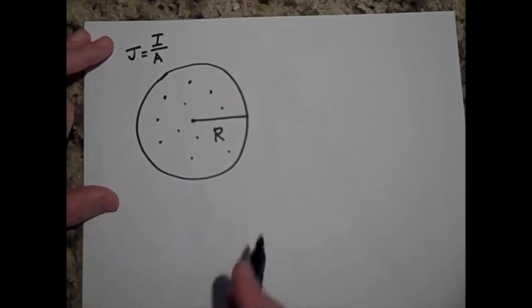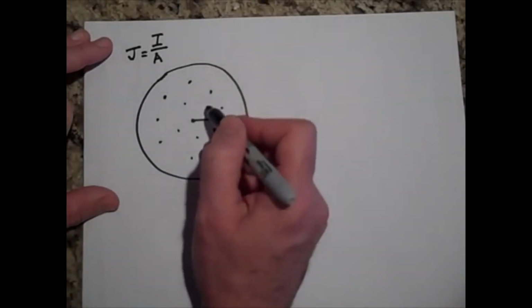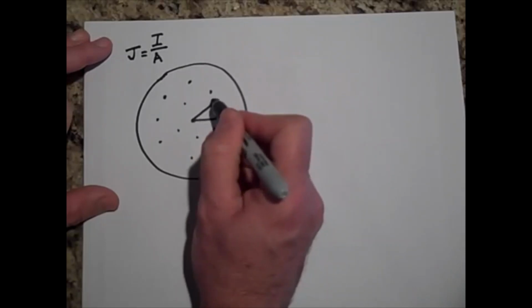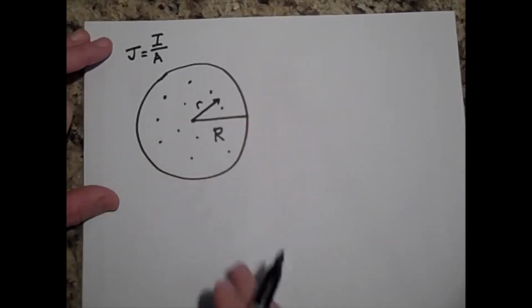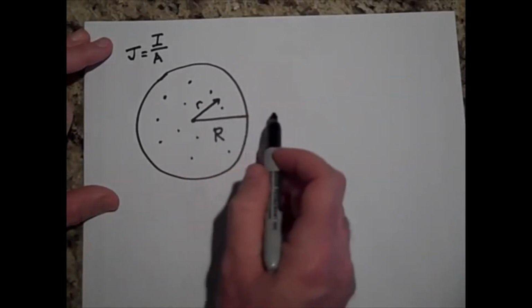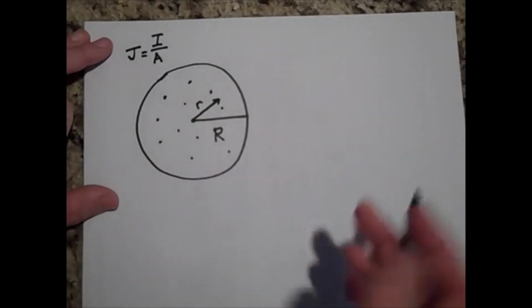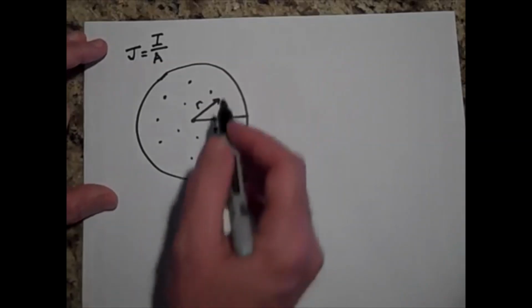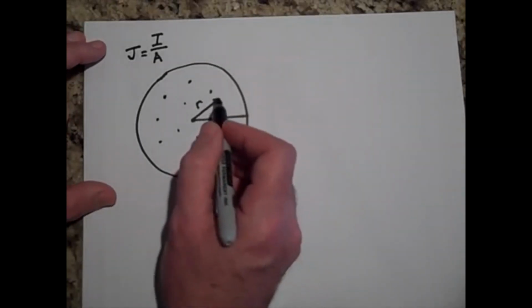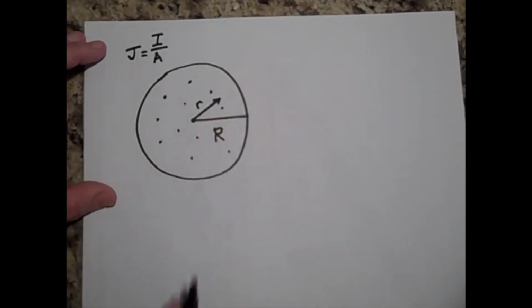And what I'm going to want to find is the magnetic field, say, in here a distance lowercase r away. And eventually I'm also going to want to know what the field is out here, another distance little r away, we'll say. But let me first find the magnetic field a distance r away, like say right there.